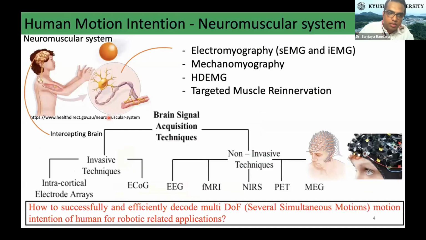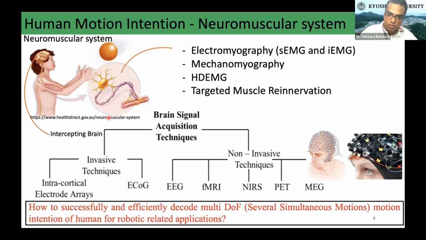So for this purpose, in the human body, as I mentioned, we have the neuromuscular system. The neuromuscular system consists of the brain, the central nervous system, and the muscles. It contains the information from the motor neurons in the brain that generate the motion intention, which is what motion needs to be done.